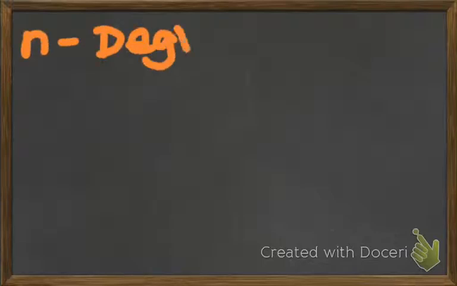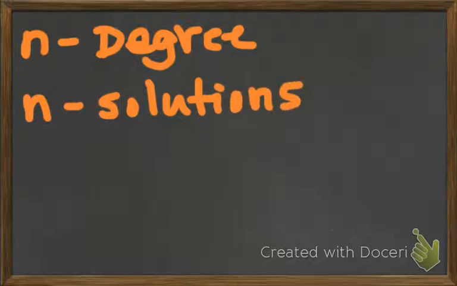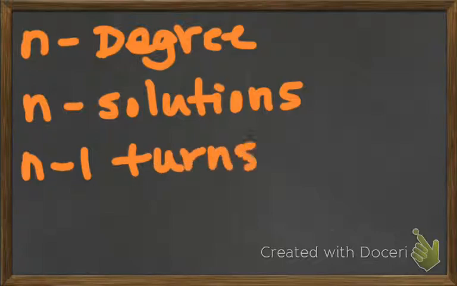So some things to remember on your polynomials. If n is the degree, that means you can have n solutions at most. You can always have less, and we will talk later about how they can be imaginary, they can be real, they can be repeated, and you're going to have n minus 1 turning points at most.